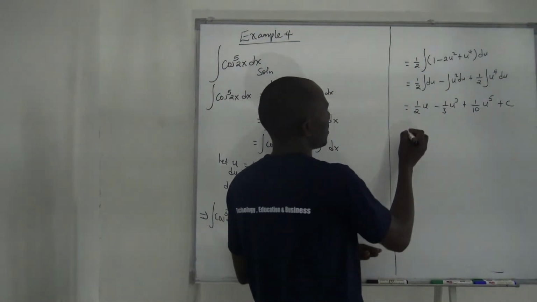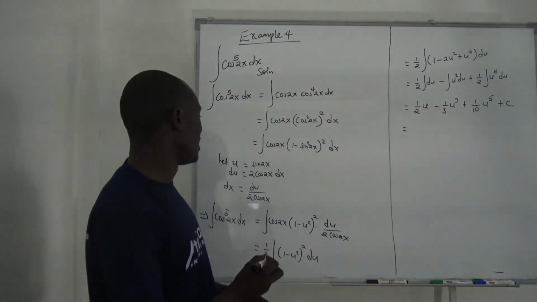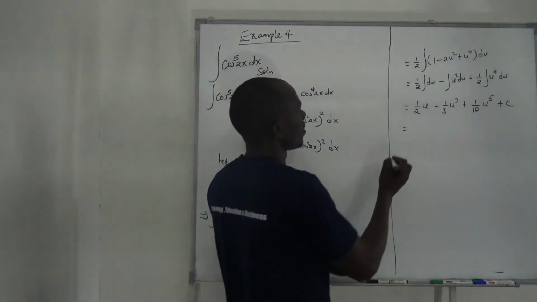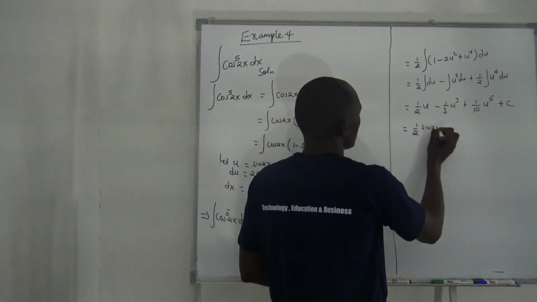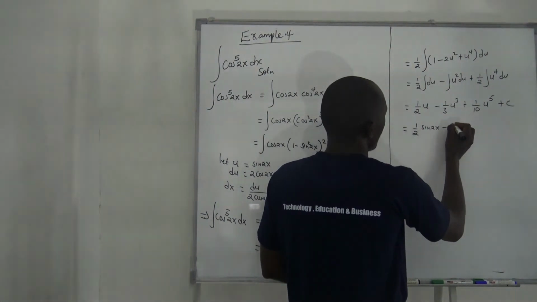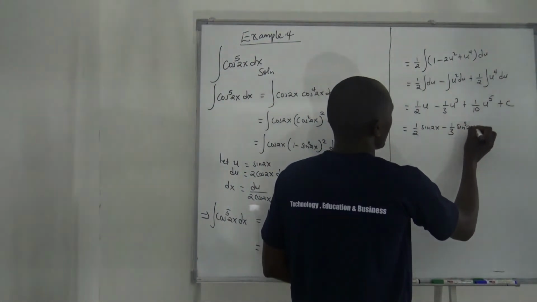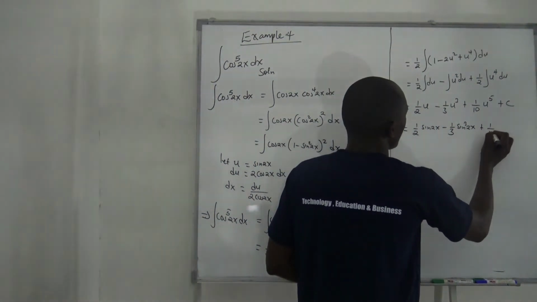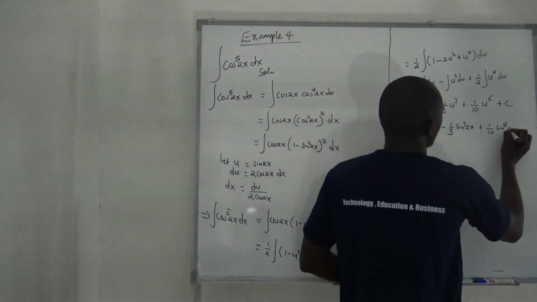What is our u? Our u is already sine 2x. So this becomes a half sine 2x minus a third sine cubed 2x plus 1 over 10 sine power 5 of 2x plus c.